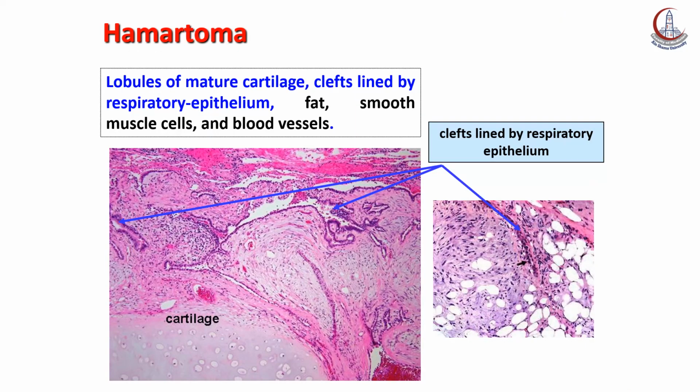A microscopic picture showed lobules of mature cartilage here, and we have cleft-like spaces lined by the respiratory epithelium, and also here. We have other mixtures of tissue like smooth muscle bundles and blood vessels.